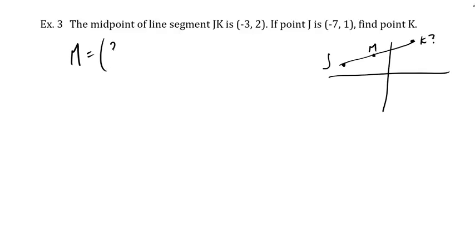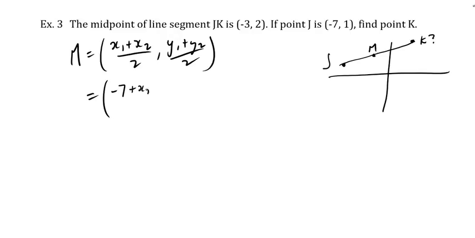Midpoint is x1 plus x2. Like, I don't know how to solve this, so I'm guessing it has something to do with the midpoint, so I'm going to just start with this. Now, it gives me one of them. So the x value is -7 plus x2 over 2, and the y value is 1 plus y2 over 2, and it gives me what it should equal.